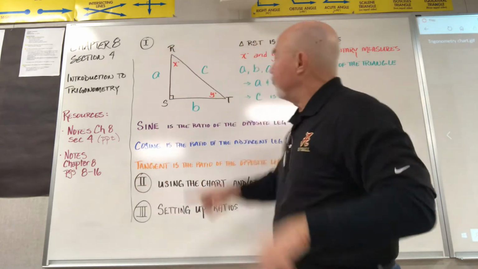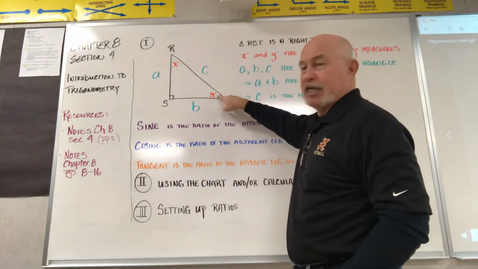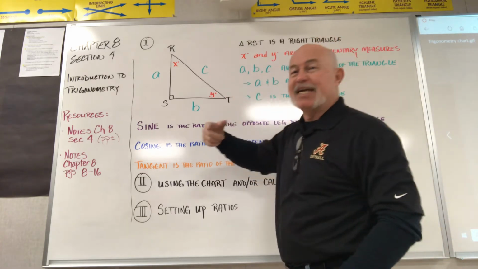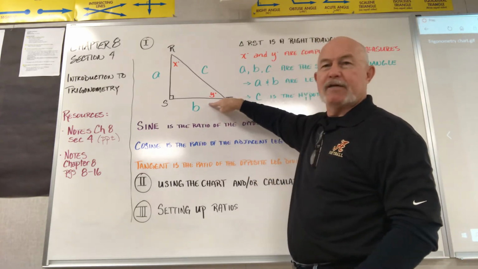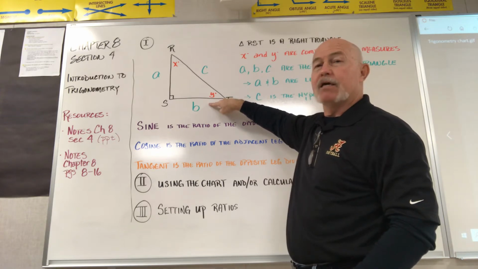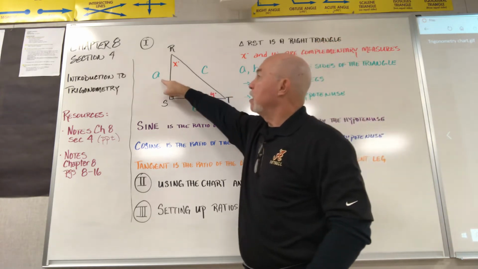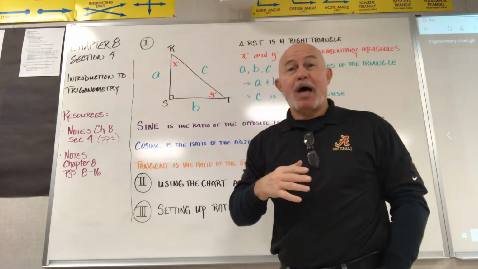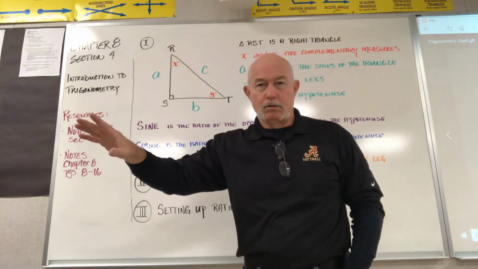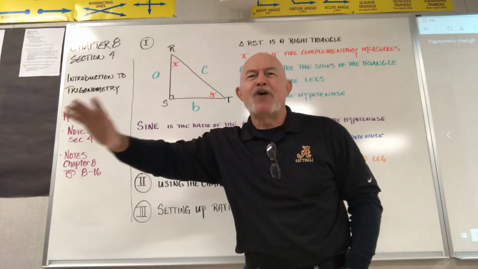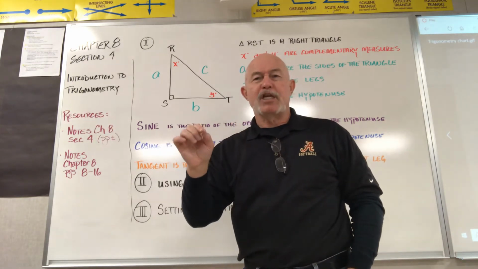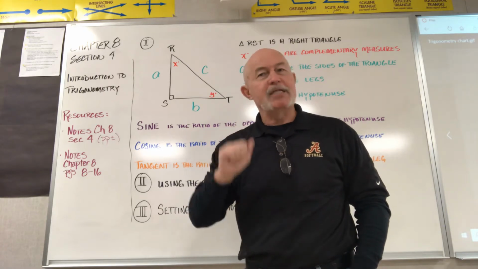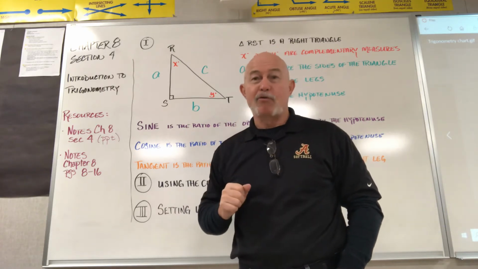So if I look at angle T, which is Y degrees, the leg that is adjacent is B. The leg that is opposite is A. The hypotenuse is C. The hypotenuse is never, did I say that enough, never opposite or adjacent. It is the hypotenuse. It's got its job. It does it well. Everyone's got to know their role.